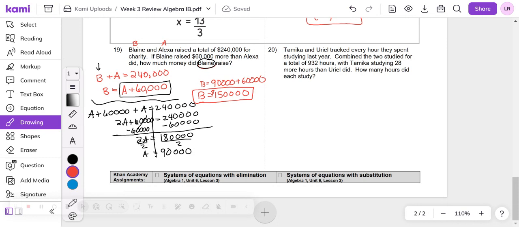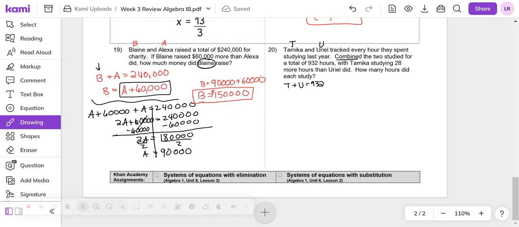So first thing, let's write our equations. I'm going to use T for Tamika's hours and U for Uriel's hours. And it said combined together, the two of them together added up would be 932. So one of my equations is going to be T plus U equals 932.